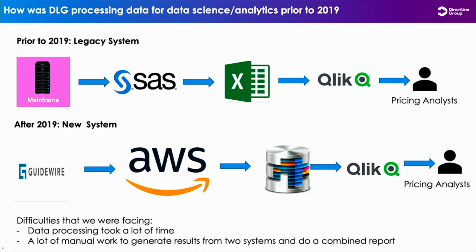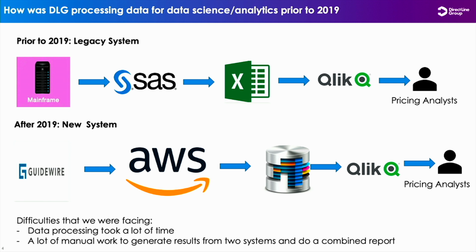So prior to 2019, our policy system was a mainframe system. So all our policies were sold on a mainframe system. And to process data from the mainframe, we had to use the SAS technology. So our data warehouse was SAS.